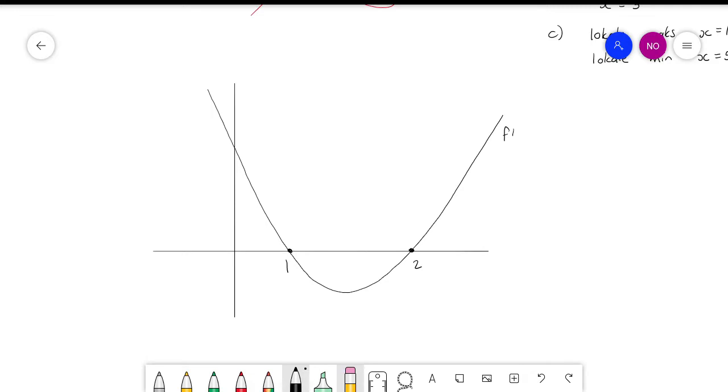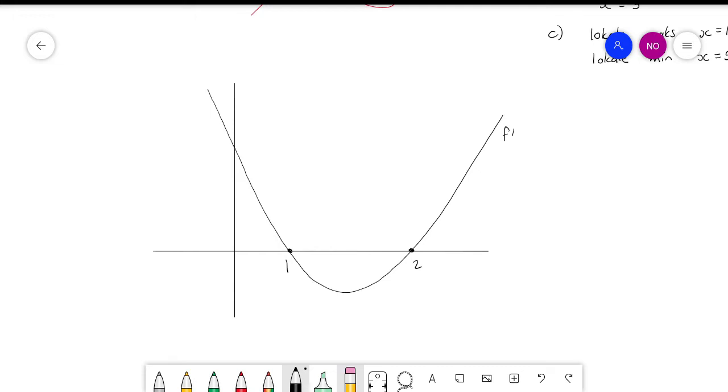Goed, hulle sê vir ons, skryf die x-koördinate neer van die draaipunte van die oorspronklike funksie. So that is the sketch of the graph of the first derivative. Meaning that the original function must be a cubic graph. And where will we find the turning points of the cubic graphs? It will be where the first derivative is equal to 0.